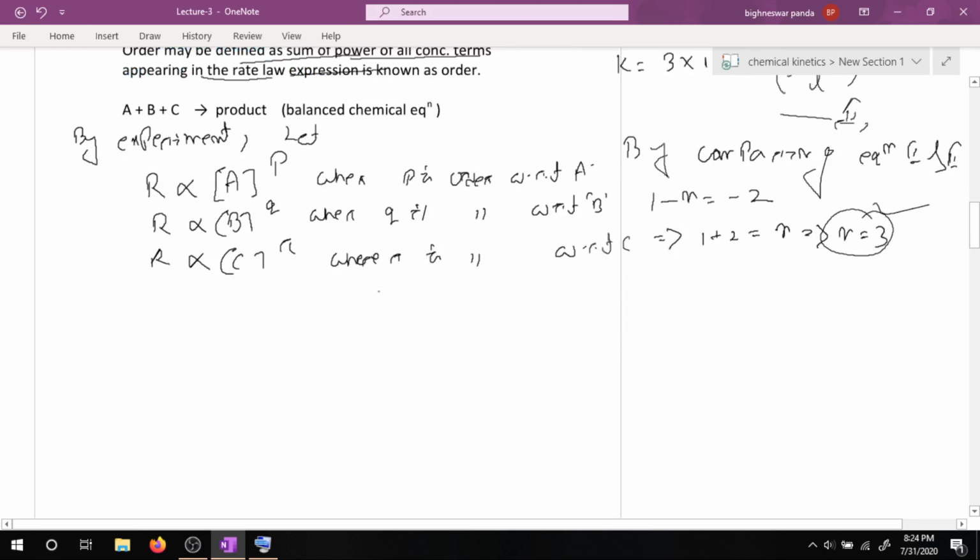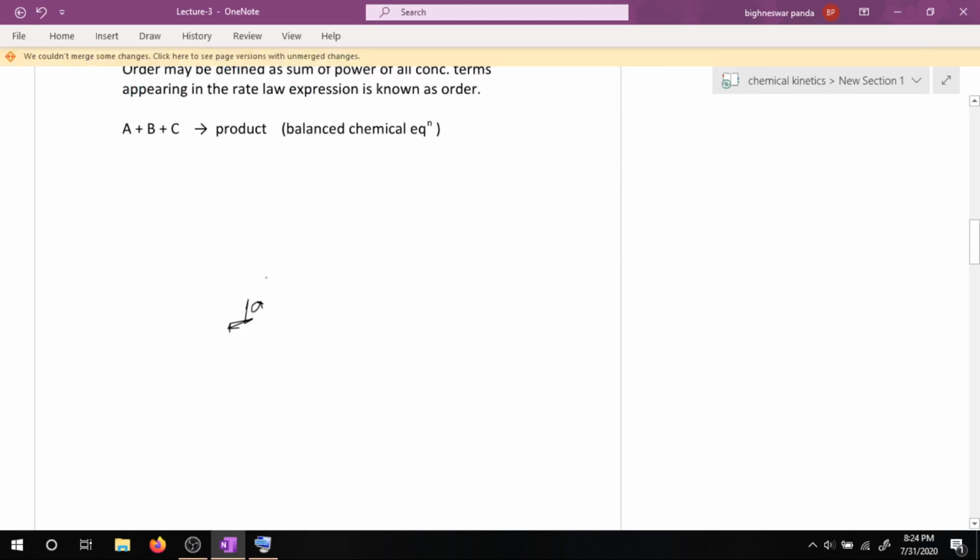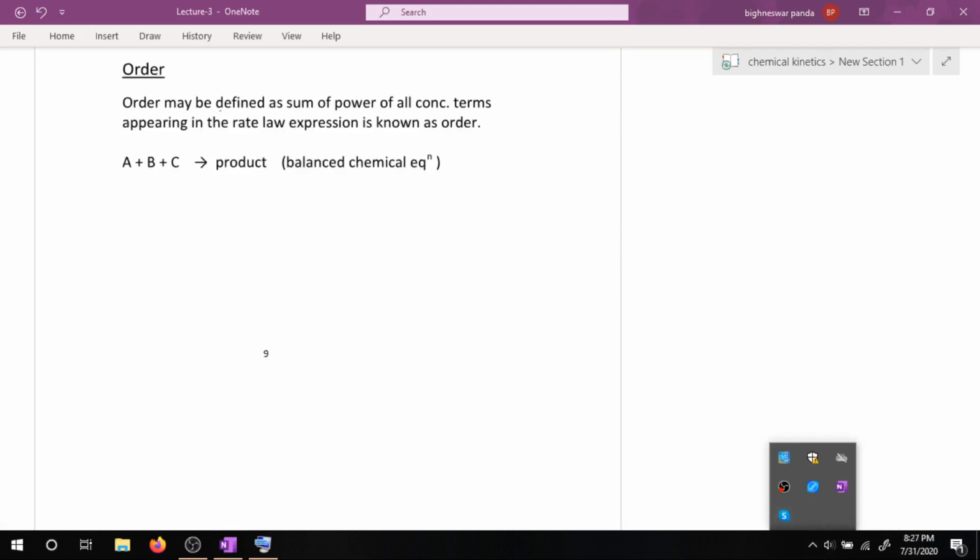Let us consider the reaction A + B + C gives product.